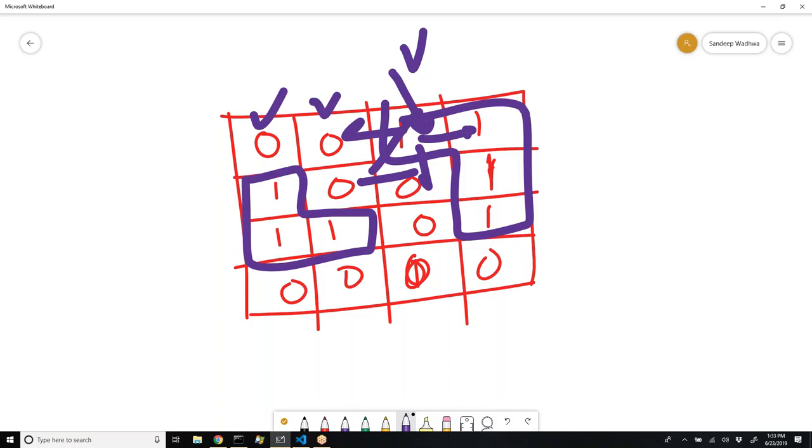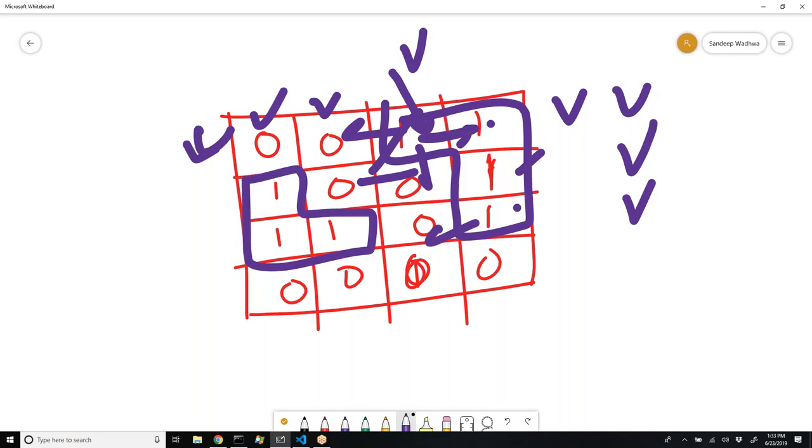For a matrix, what data structure can we take to mark any cell visited? Another matrix. The visited matrix that we take is another matrix, right? So you mark it visited. Then do DFS here. This also becomes visited. This also becomes visited. After that, there are no other elements, because if it is 0, that will be one more base case.